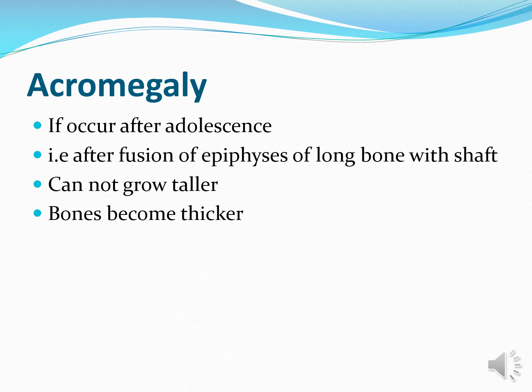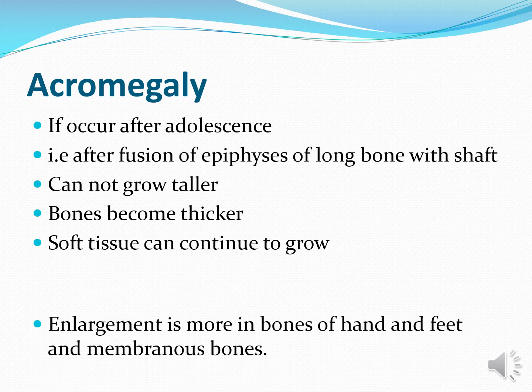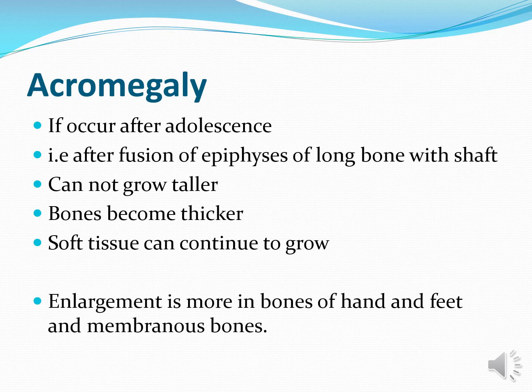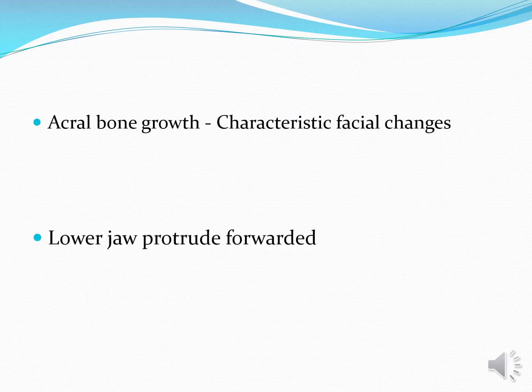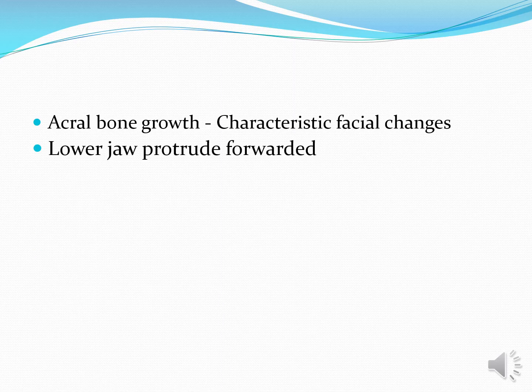Enlargement is more in bones of hand and feet and membranous bones. Acral bone growth causes the characteristic facial changes. Lower jaw protrudes forward, forehead slants forward, nose increases to twice the normal size.